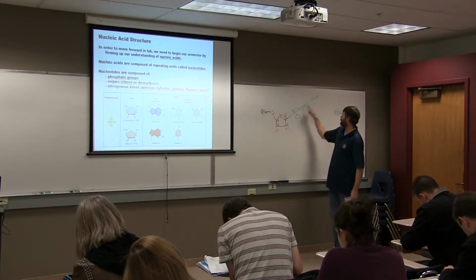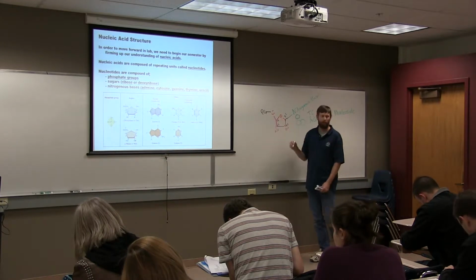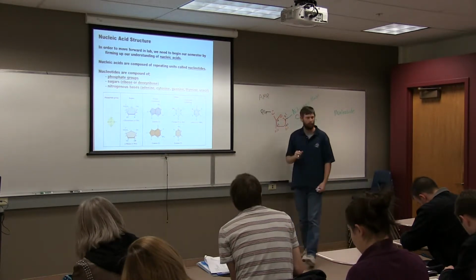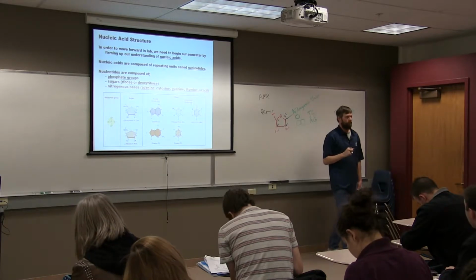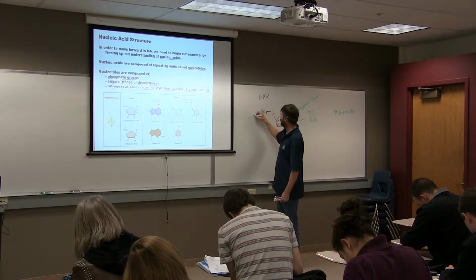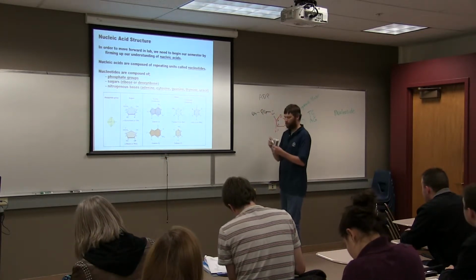So if we were to make this nitrogenous base, let's say, adenine, and I have a single phosphate here, what I have is adenine monophosphate. If I add another phosphate group covalently connected to this one, I'd have adenine diphosphate.